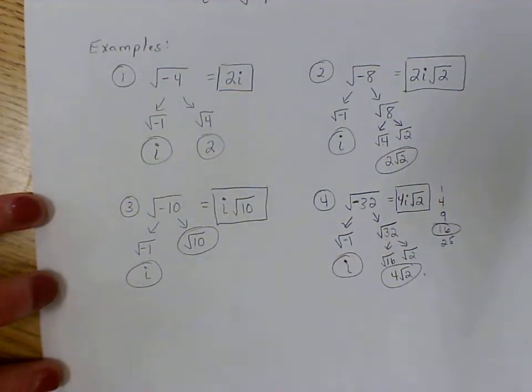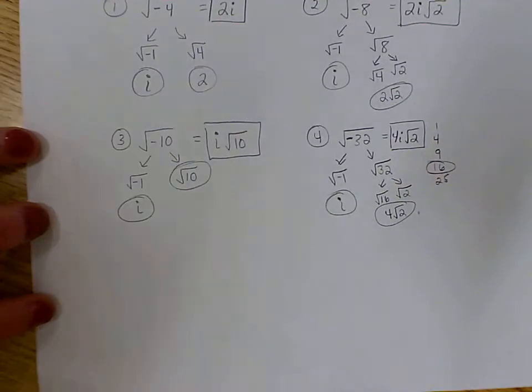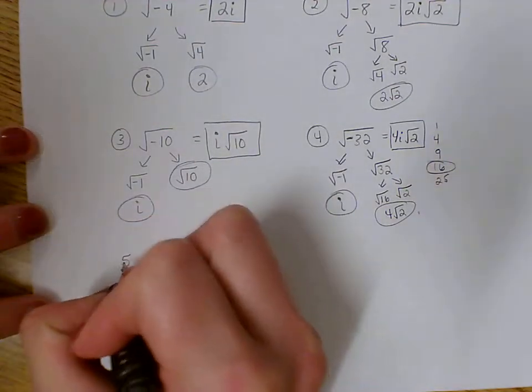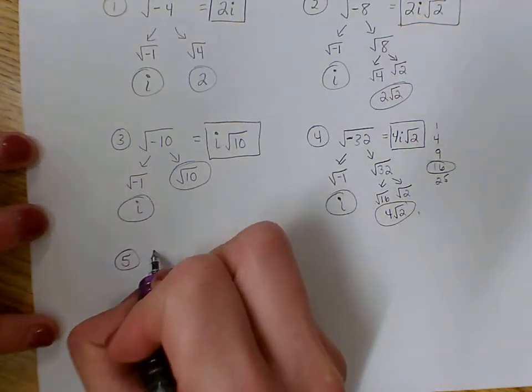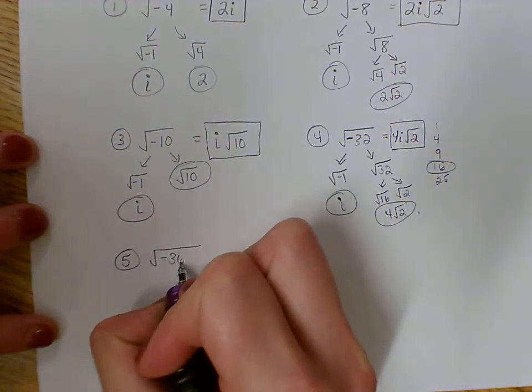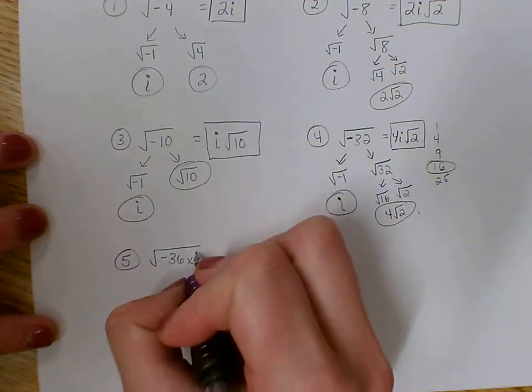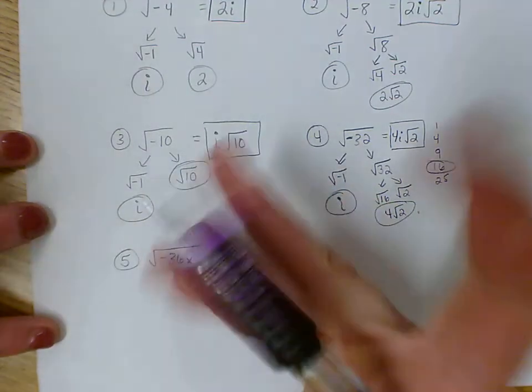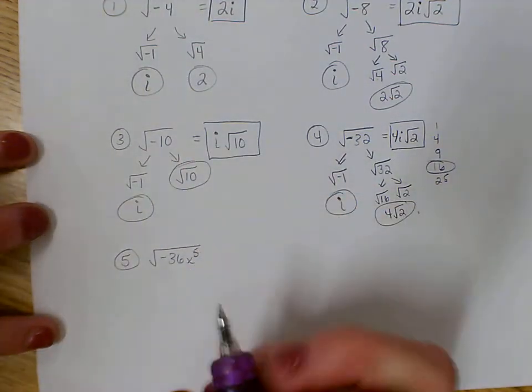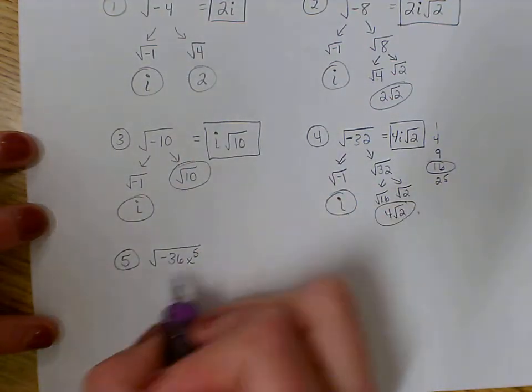Okay, so let's do one more, because we haven't done one with a variable yet. What if we had something like the square root of negative 36 x to the 5th? Just like what we did with the other problems, when we were simplifying, you break it into pieces.